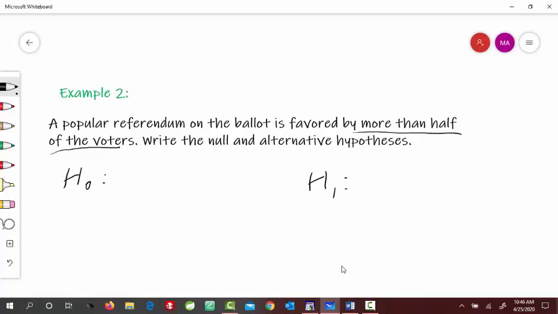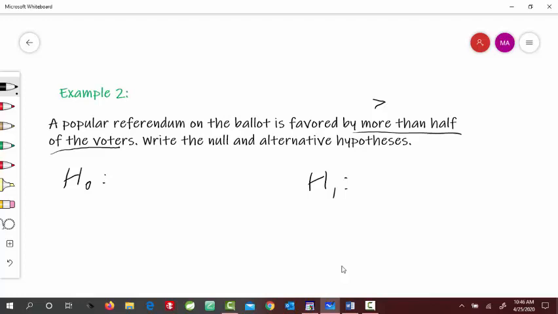More than means that for the alternative hypothesis, the symbol would be greater than. This is talking about the proportion, because in voting some vote in favor and some against, so it tells us the proportion. So the parameter here is the proportion p.